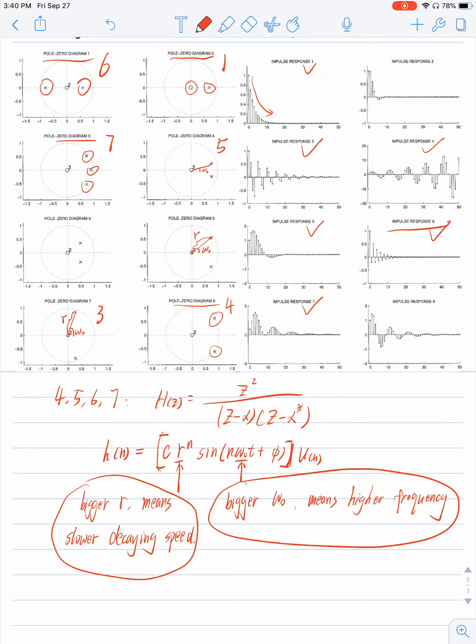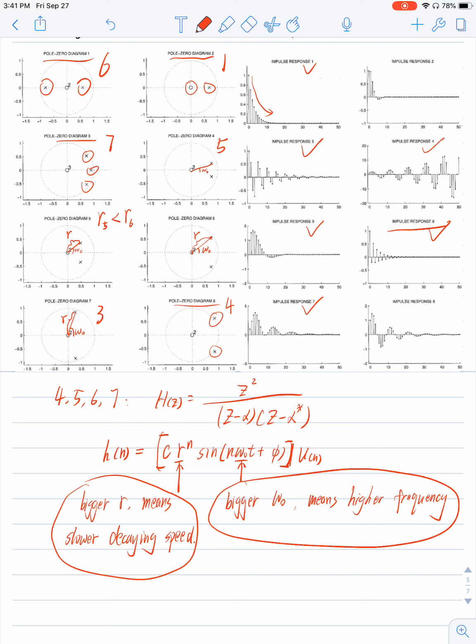Since diagram 5 and diagram 6 have almost the same omega 0, we can only decide from r. It's obvious that r5 is less than r6.